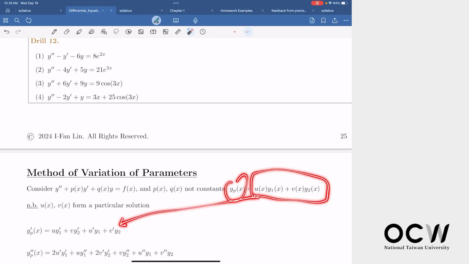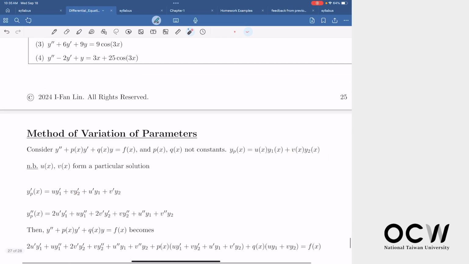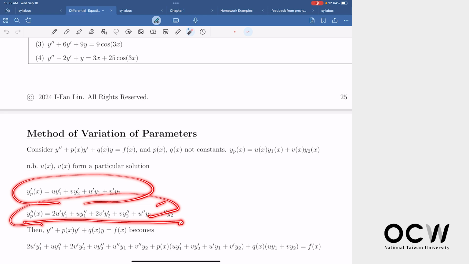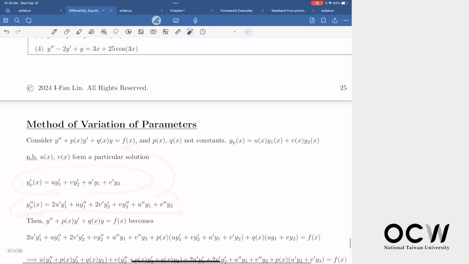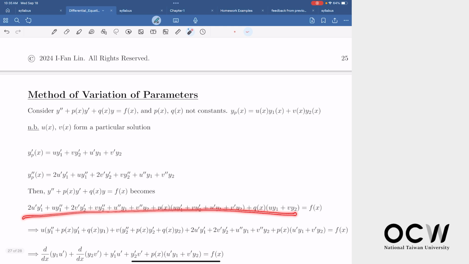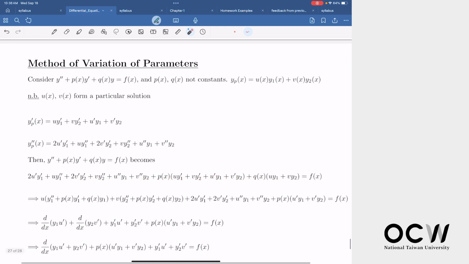The first derivative, okay, using the product rule: take the first term, keep the second term, take the derivative of your second term. And take the derivative of your first term, keep the second term. And then the same for the v times y2 here. And the y double prime, then bring y prime and y double prime to your original differential equation. You'll get a bunch of terms here, and you should rearrange that by yourself.